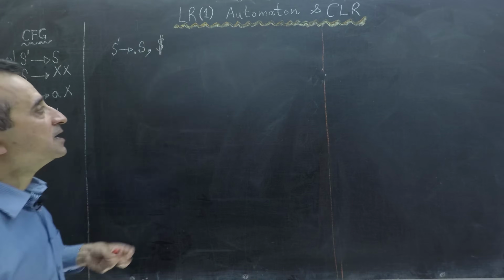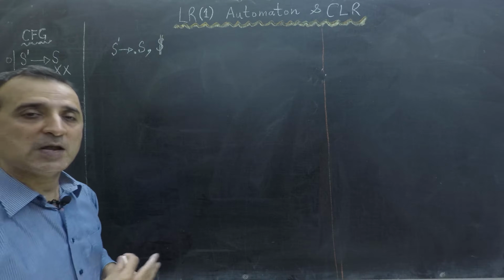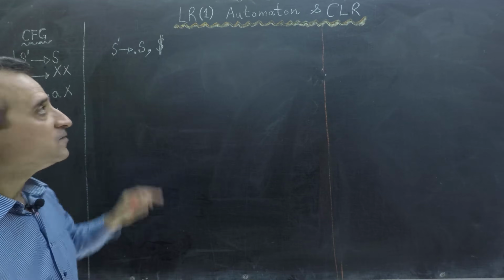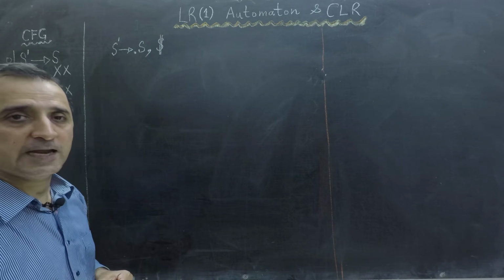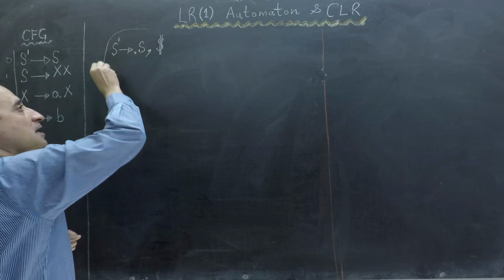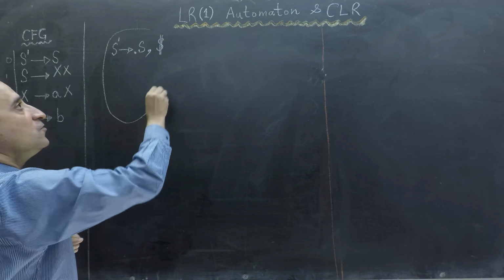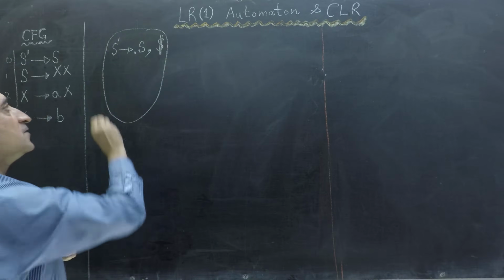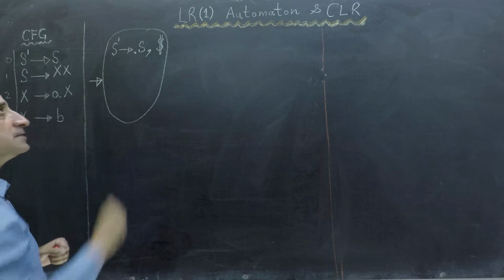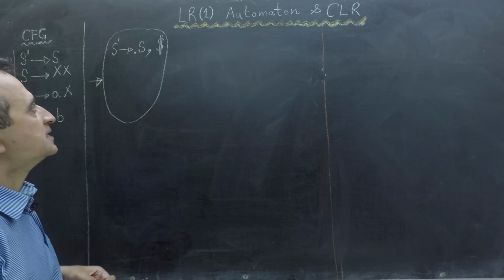This $ sign is the end of input marker. So we are done with our first production of the first state of the automaton. So this will be my starting state of the LR1 Automaton. But I have to add more productions here. I'm not done with this state.